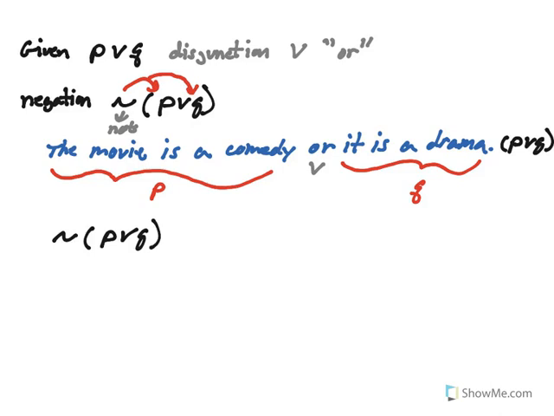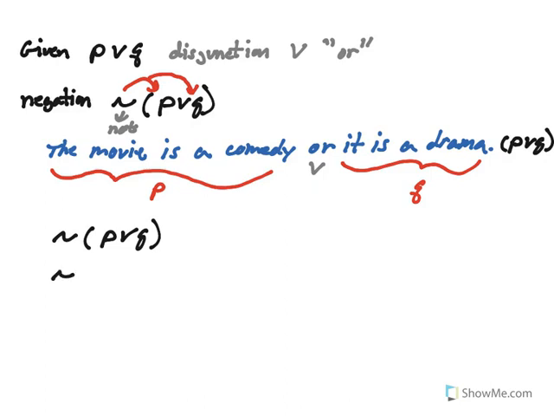And we can clearly see that if we negate this, we're going to have a little bit of a situation where if we distribute the not sign, we're going to get this.